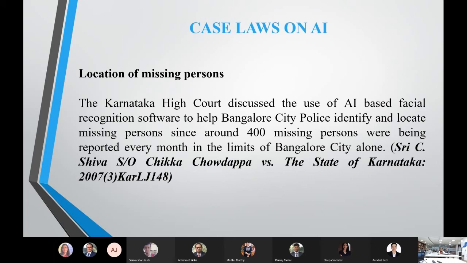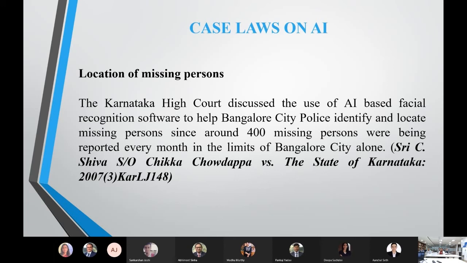Now, I am dealing with a couple of case laws on how the High Courts viewed AI. The first one is regarding the location of missing persons. This was before the Karnataka High Court in the case of Shri C. Siva. Here, there were 400 persons who were missing.